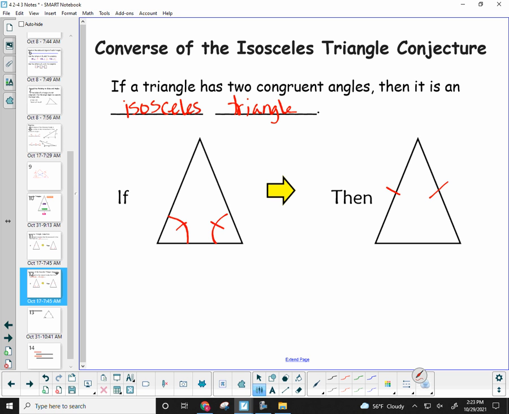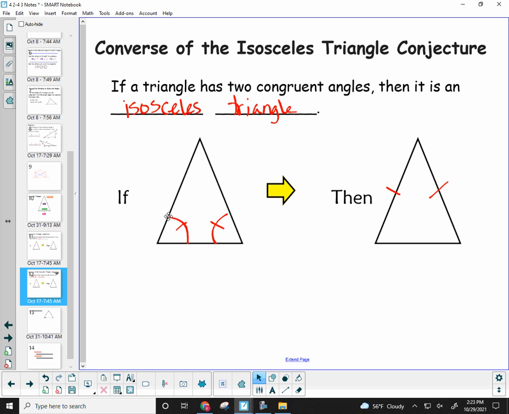Okay, so do you remember that day when I talked to you about how the smallest angle is opposite the smallest side, the largest angle is opposite the largest side? You should all be nodding your head yes, and it was like 2 minutes ago. Okay, so here's one reason this is important. We were talking about listing our sides and angles in order from smallest to largest, right?